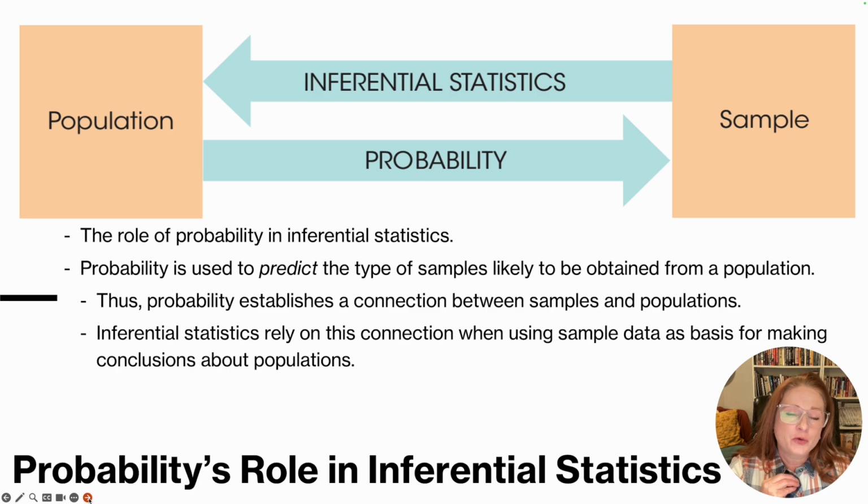So the role of probability in inferential statistics is to make that link. So we have a population. We don't usually have access to the entire population, and if we do, we don't really have the resources, the time and money and people needed to test an entire population. So we grab a sample, and then we test the sample, and we learn something about the sample, and then we infer what we learned from the sample back to the population.